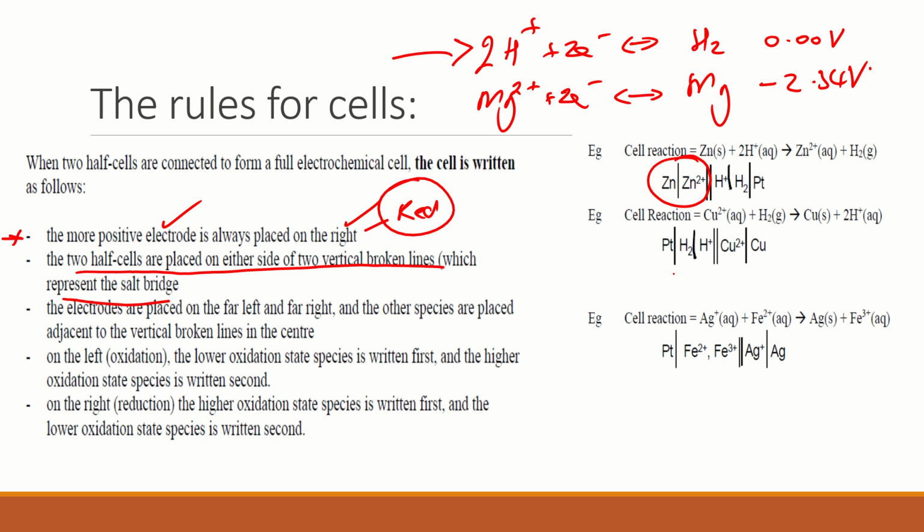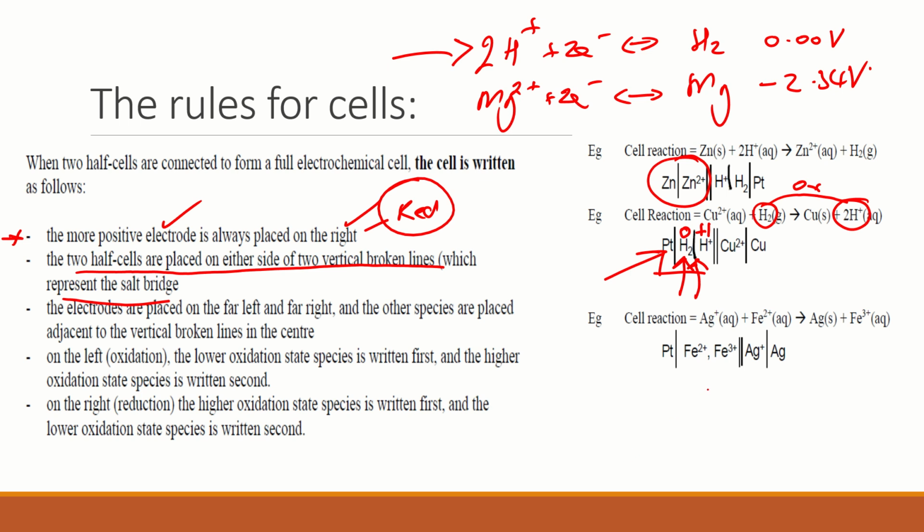Down here, we can see that the oxidation is going from hydrogen to hydrogen ions. My electrode is platinum, so now I have the lower oxidation state species, 0, first, and then the higher oxidation state species second. Remembering they're in different phases, gas and aqueous, so we have a solid line.